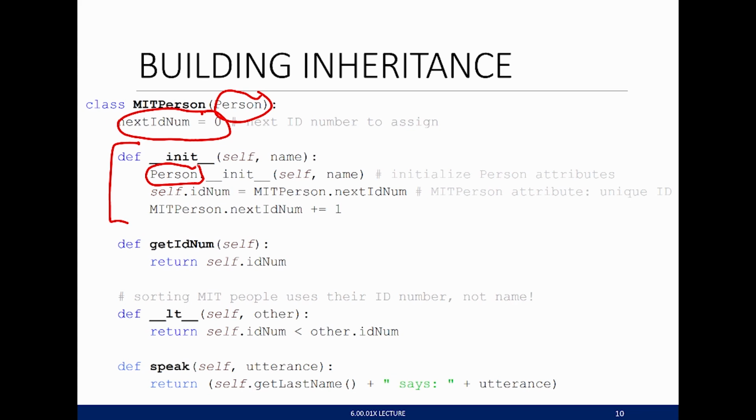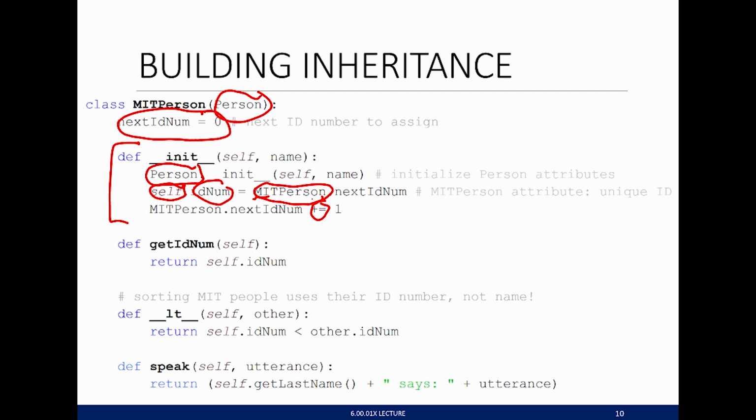Second thing I'm going to do, though, is assign to this instance an ID number. So self here will say that I'm going to, in this instance, bind ID num to a particular value, but I'm going to use the value associated with MIT person. I do MIT person dot next ID num. It will get the value of that data variable and assign it to this instance. And then finally, I'm going to increment that global class data attribute by 1, so that the next person I create is going to have the next number in the sequence.